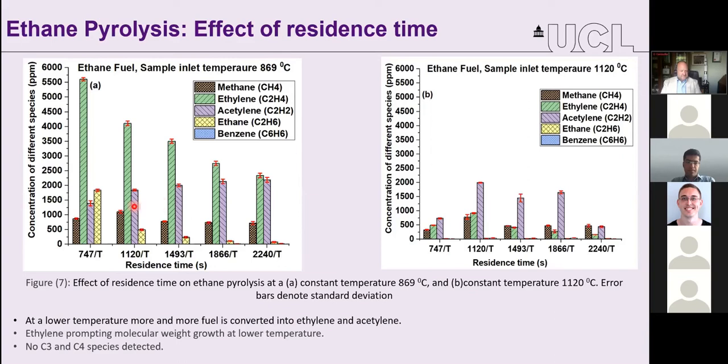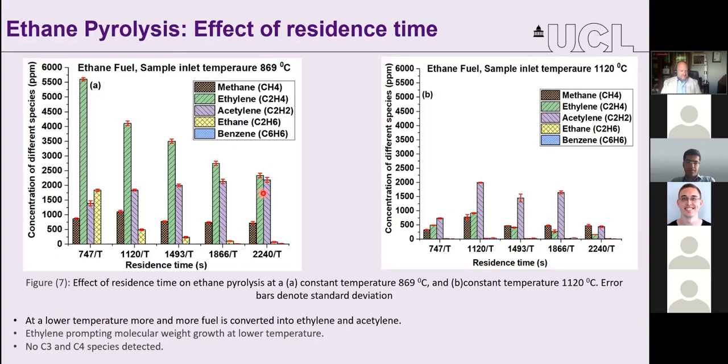This figure 7a also shows that acetylene was found in relatively higher abundance, while a small concentration of benzene was detected by the FID, suggesting that the benzene formed quickly converted into higher species via the addition of acetylene through the HACA mechanism. As the residence time increases, the relative concentration of ethylene increases, while the relative concentration of acetylene decreases, suggesting a possible conversion of this double bond ethylene to acetylene.